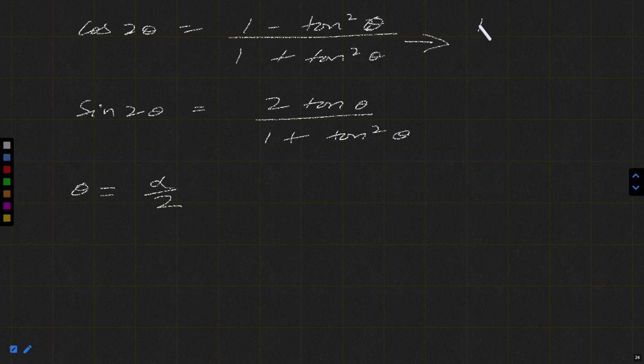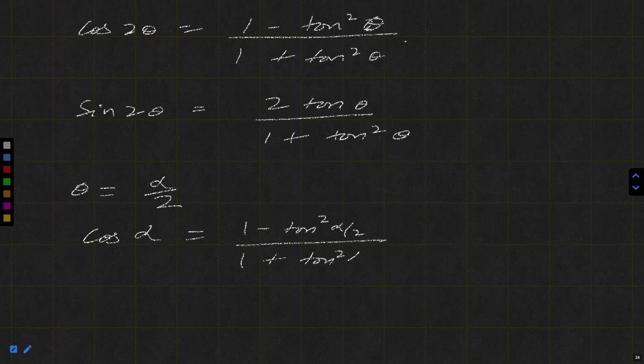This will be changed to, let me write over here, cos alpha equals 1 minus tan square alpha by 2 divided by 1 plus tan square alpha by 2. The same thing will happen for sine, so sine alpha will be 2 tan alpha by 2 divided by 1 plus tan square alpha by 2.